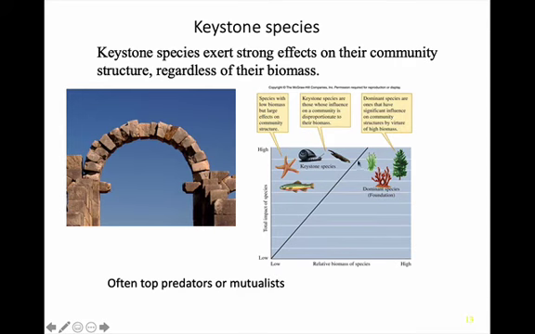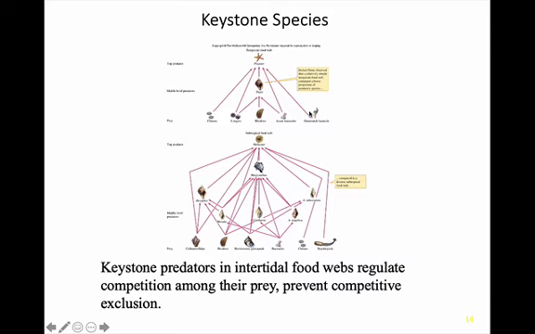Without the keystone species, one of these producers, well, they're not producers, but one of these basal species would likely outgrow the others and cause the extinction of one or more of these other species. But they're all maintained because whichever species grows to dominate the community is the one that the frequency-dependent predator will eat the most, restoring the balance.